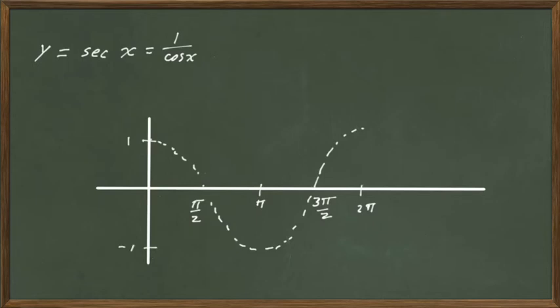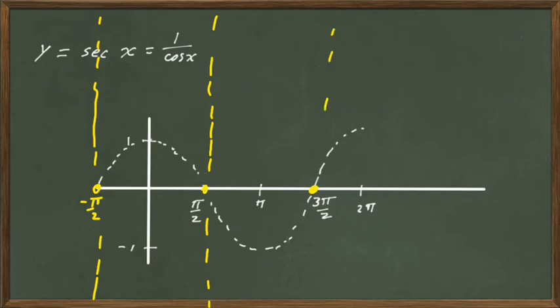And these do continue on down. Now where do these hit 0? Because you're not allowed to divide by 0. Pi over 2, negative pi over 2, 3 pi over 2, and these create vertical asymptotes.